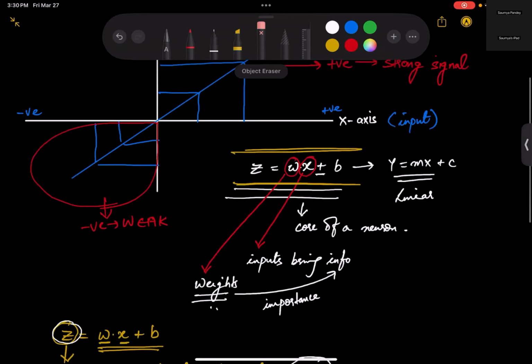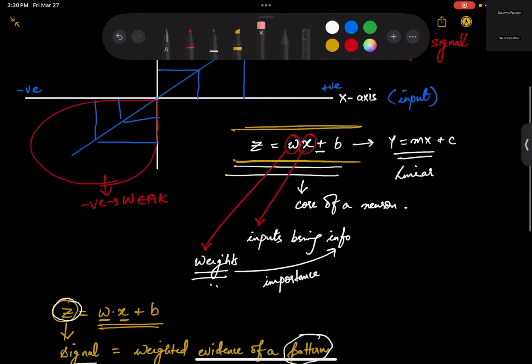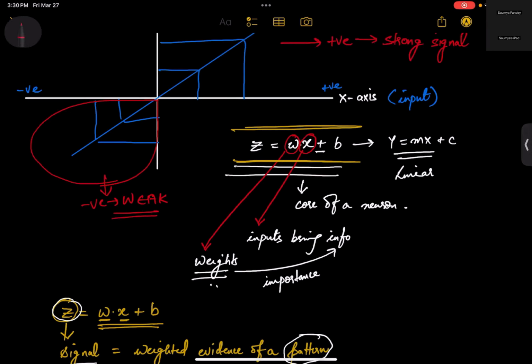But also this weak signal over here, this does not mean that it's wrong. It just means it is not strong enough to matter.